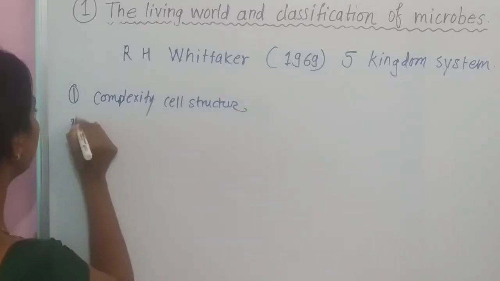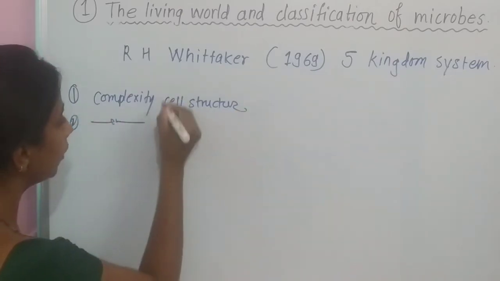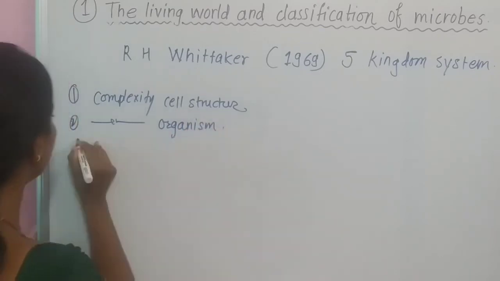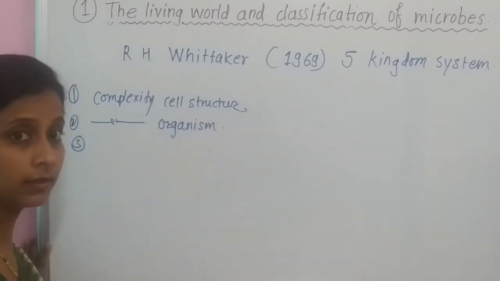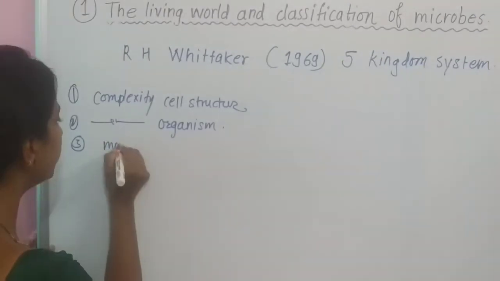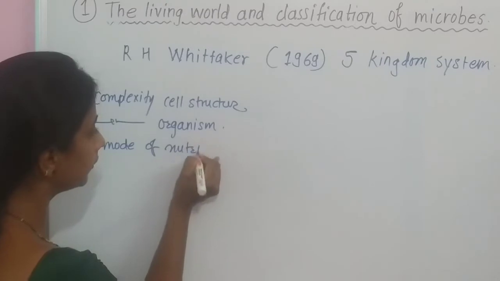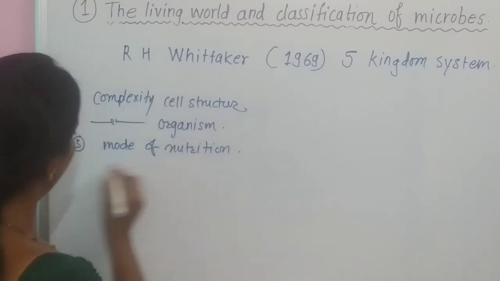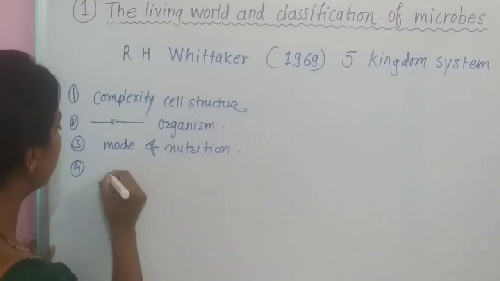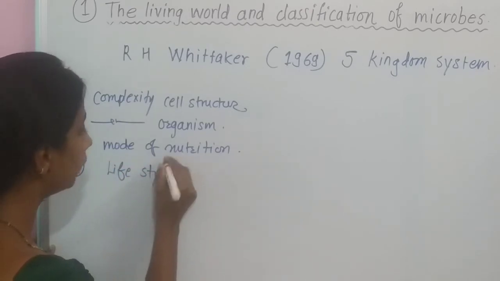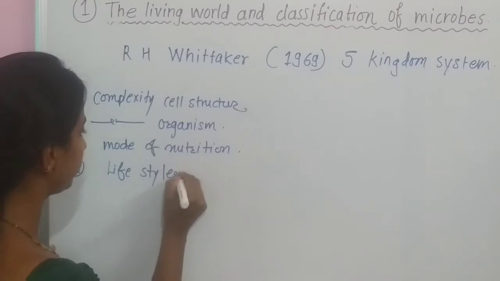Then comes the complexity of organism. Third is the mode of nutrition. Fourth is the life cycle or lifestyle of the living organism.